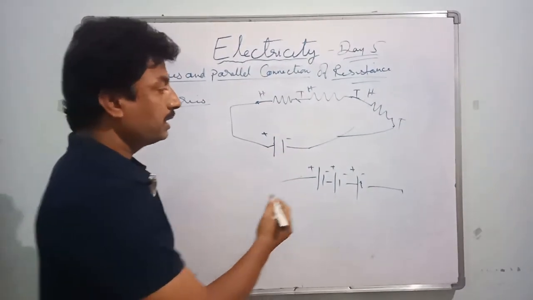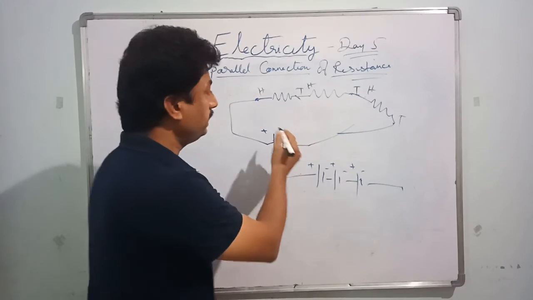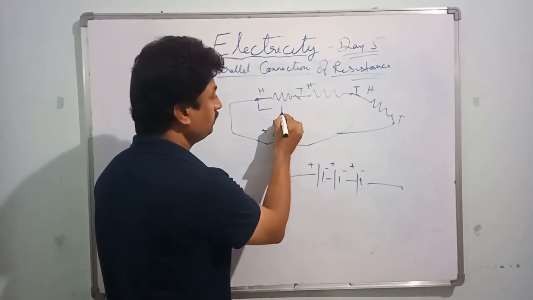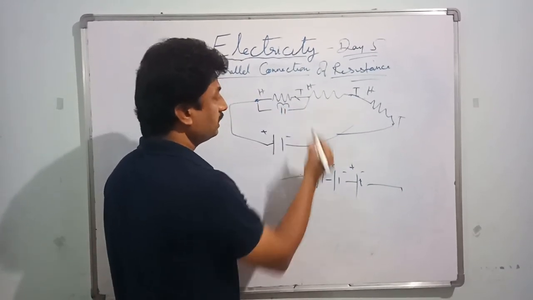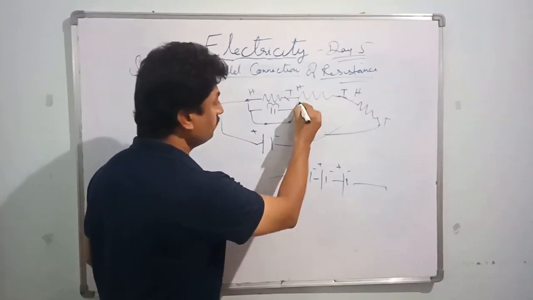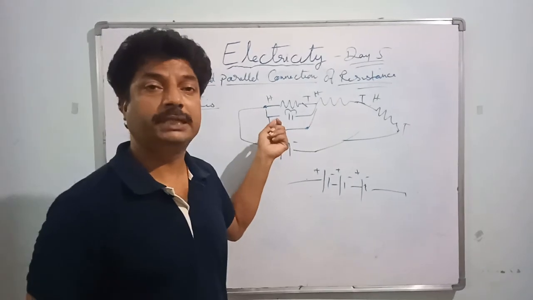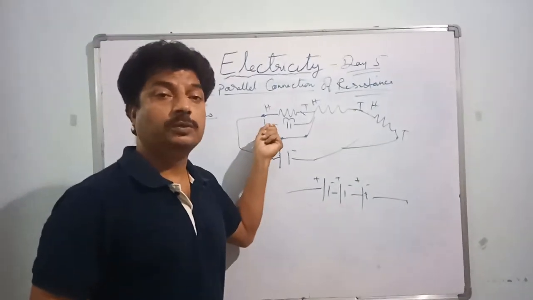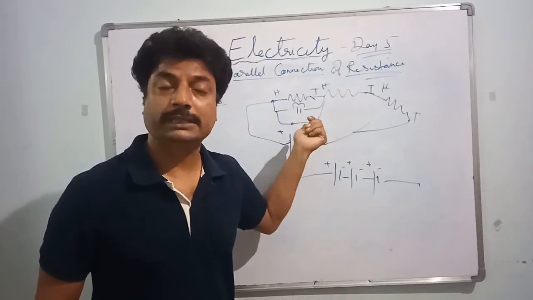These resistors could be a bulb, or any nichrome wire like this. We have seen in Ohm's law that a nichrome wire has been connected.